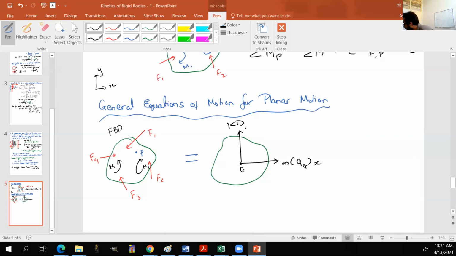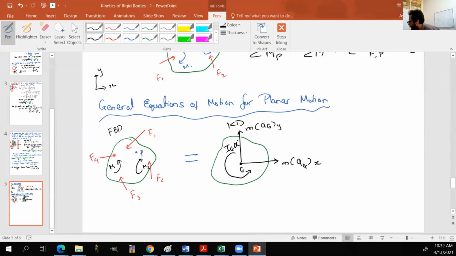Plus you'll have a mass times the translational acceleration of your mass center in the y direction. Plus, and this is what we've been leading up to, you will have this term defined as being equal to your rotational inertia, Ig, times your angular acceleration.